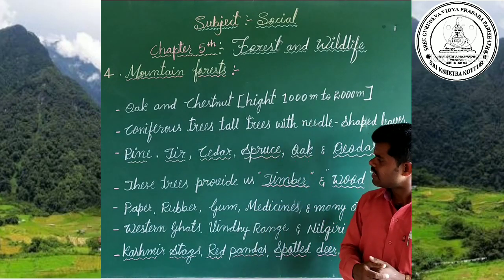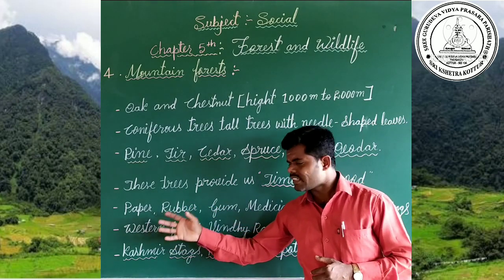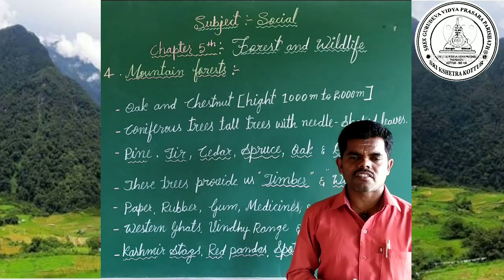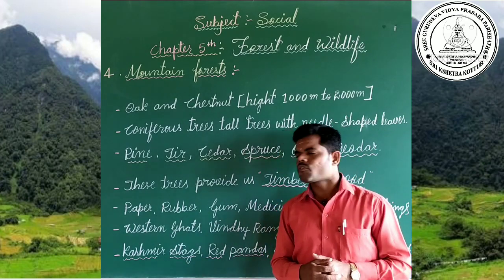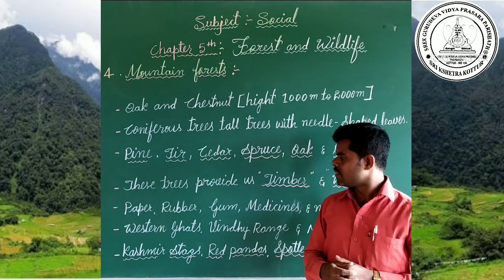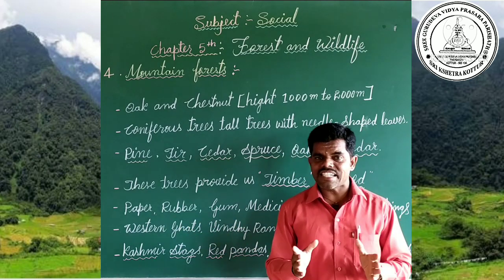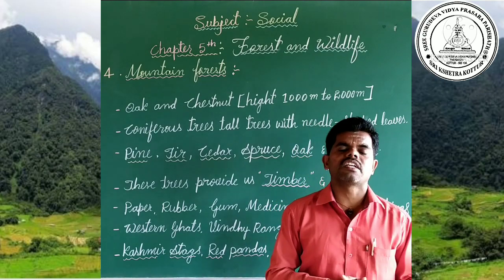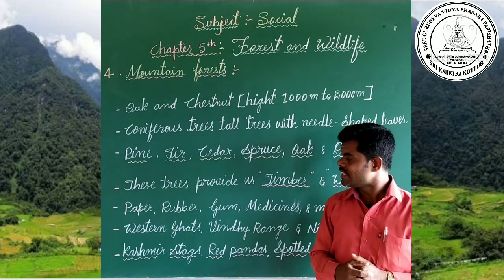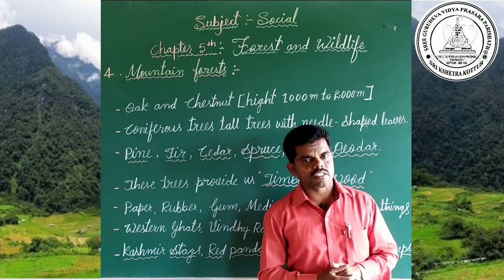The next thing is, these kinds of mountain forests and coniferous trees can also be found in the Western Ghats, Vindhya range and Nilgiri Hills. In these areas we can see coniferous forests also.